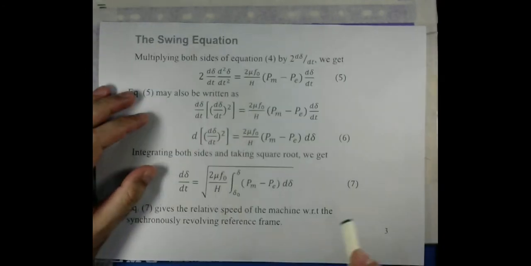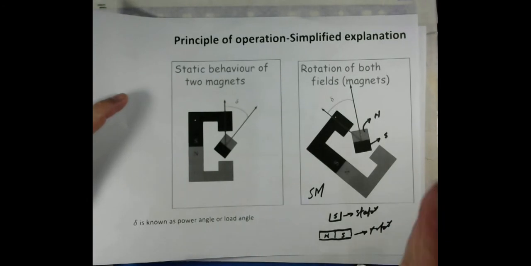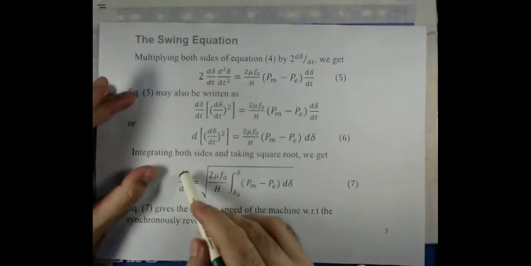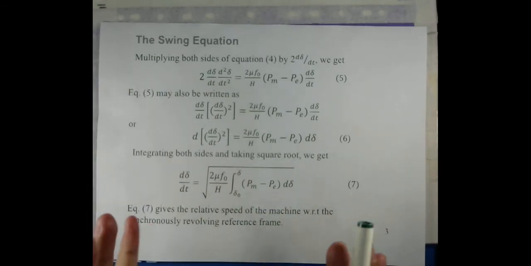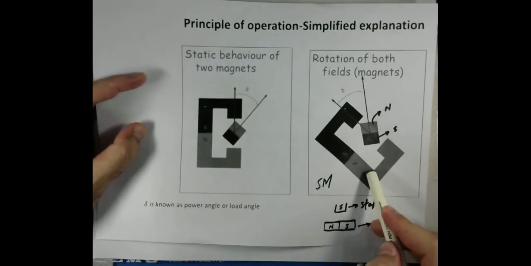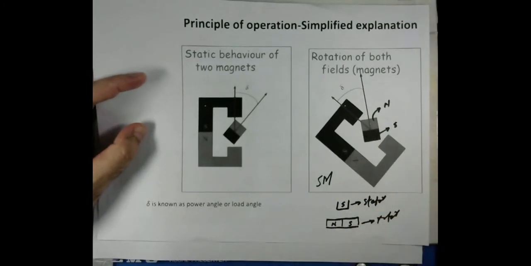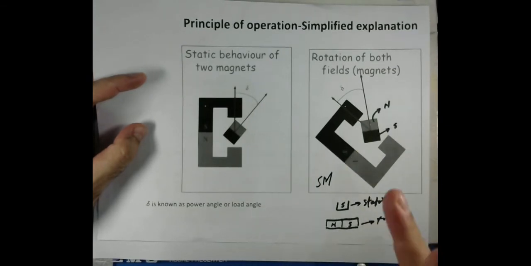Otherwise, if there is a continuous change or more change in the angle, as I discussed before, if this angle goes beyond a certain theoretical limit, because due to the disturbance this will change, we will have a relative speed between the synchronously revolving reference frame, because you know that when a three-phase current is applied to the stator of the synchronous machine, it produces a rotating magnetic field, and then the rotor field and the stator field get locked and we have a synchronous operation.